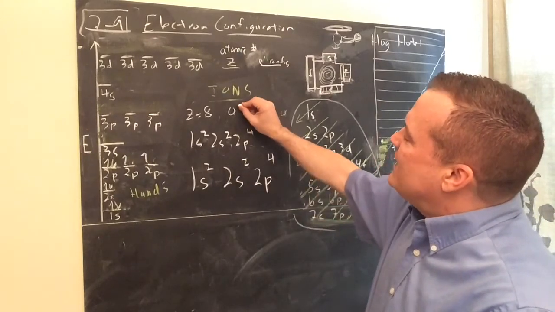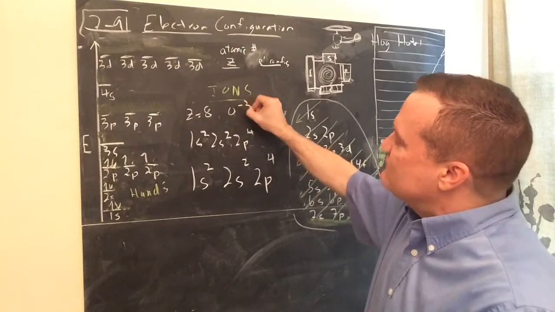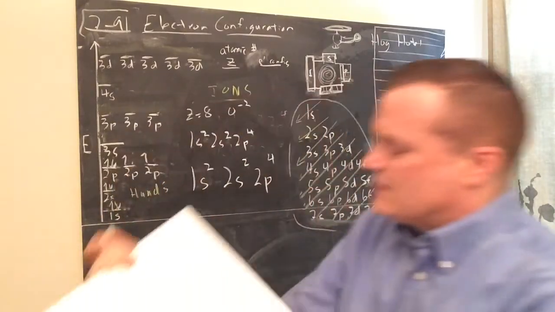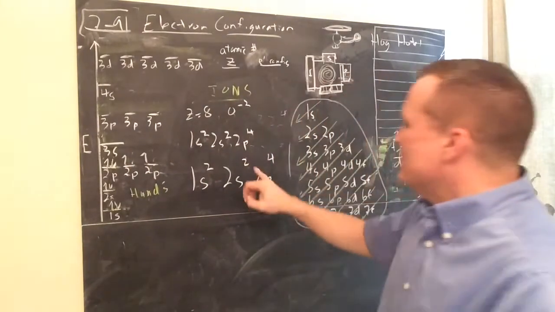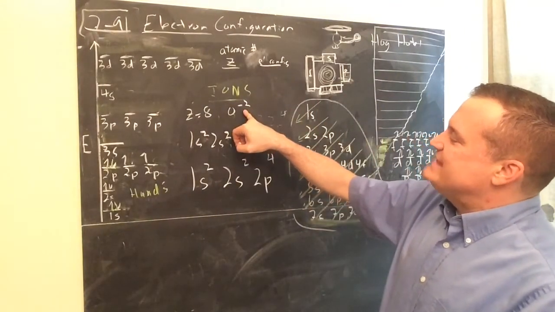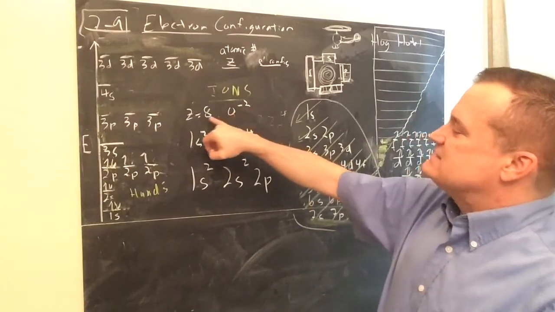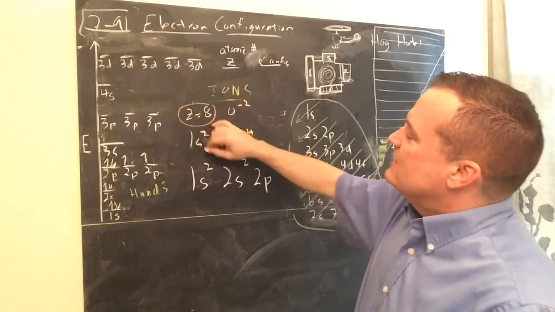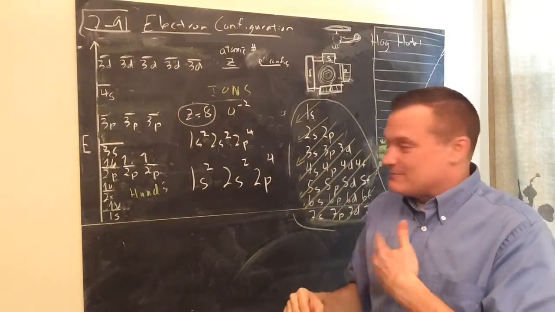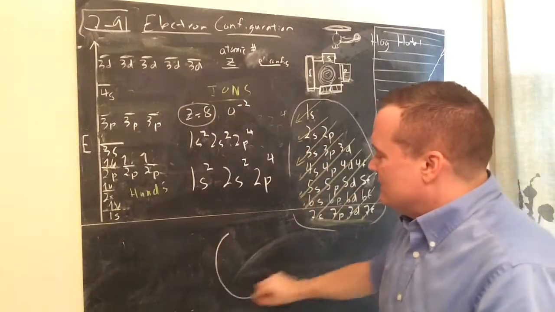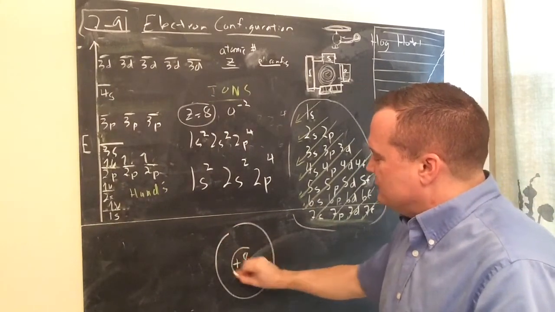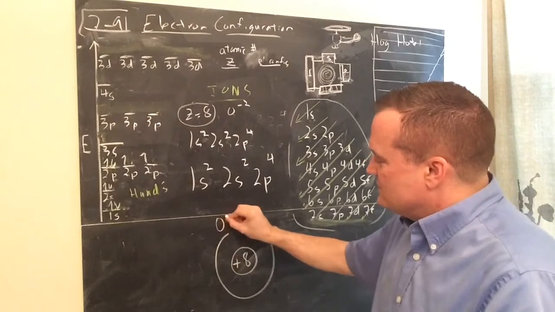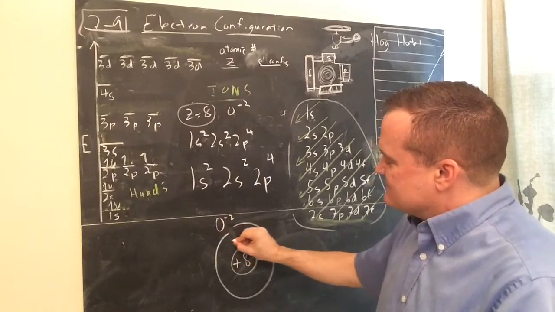But here's another thing. If I want to do oxide, O makes a charge of -2 when it reacts. O -2. So -2 just means it gained 2 electrons. It still has atomic number 8, but it has 10 electrons. Oxygen is always going to be a +8 nucleus, but outside is -10.